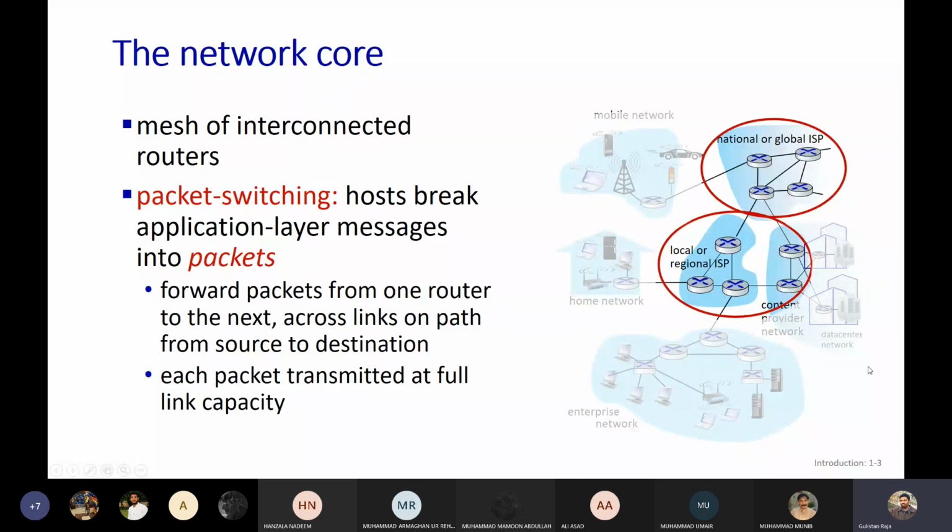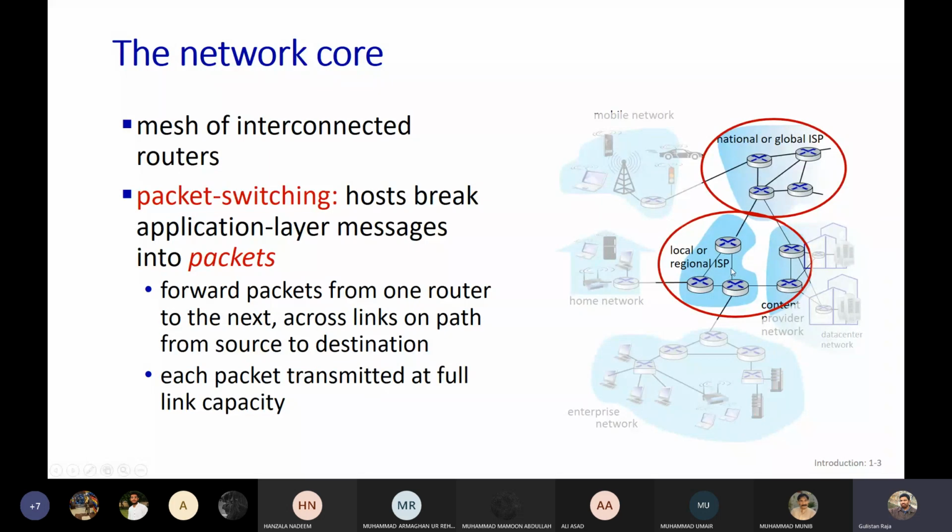Now, today we're going to study the network core, that is, what is located inside the core. So if you look at this red encircled area, this basically comprises the network core. And what is inside it? Basically, we have a mesh of interconnected routers. We have a lot of interconnected routers.